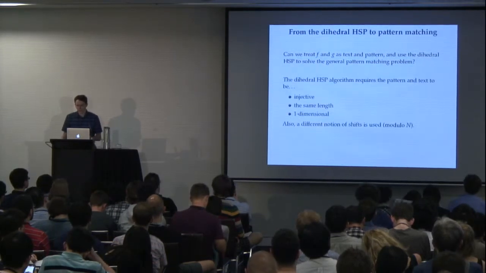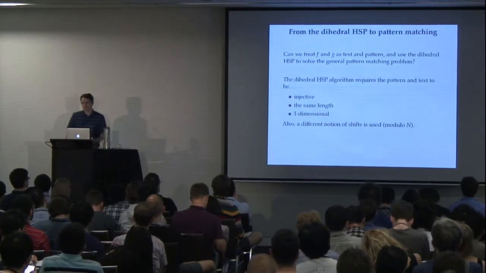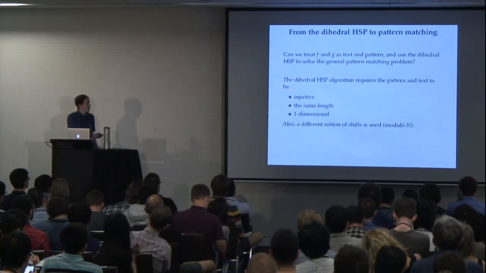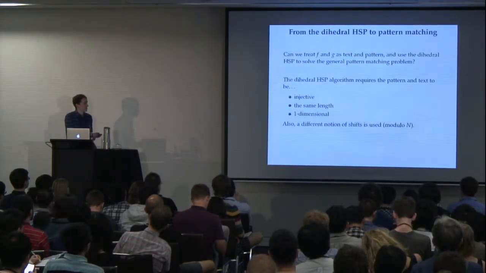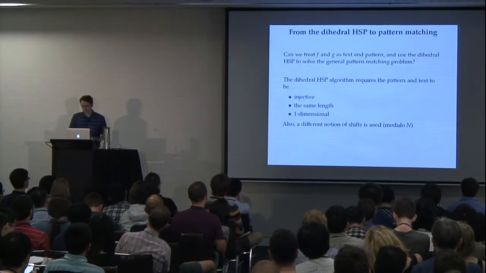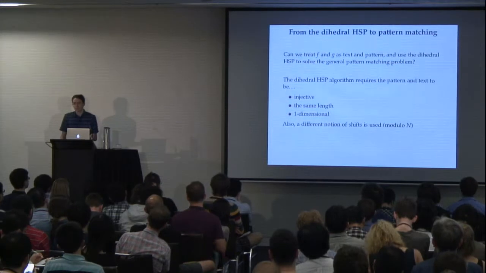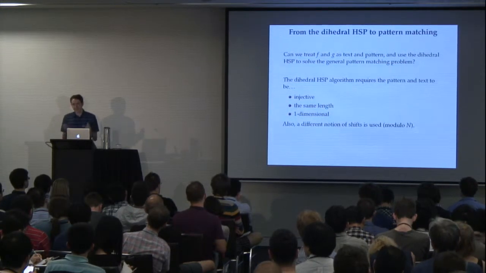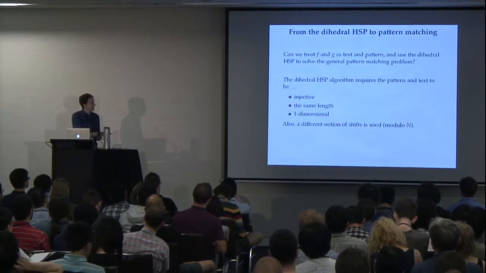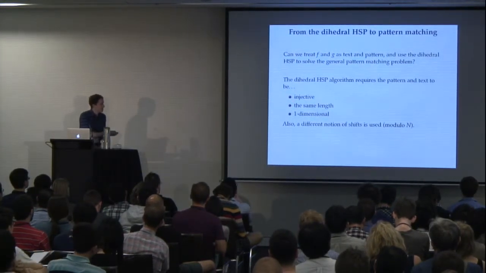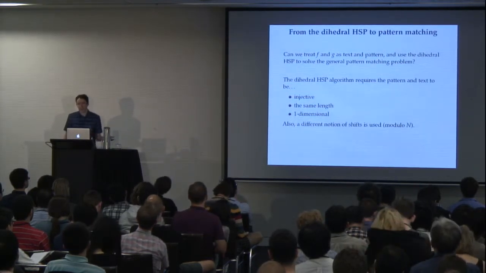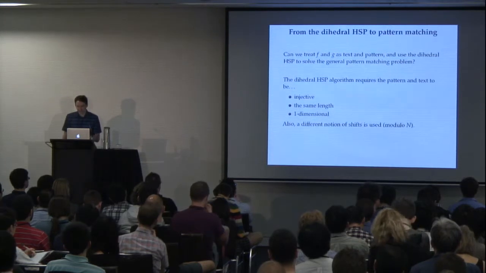But there are some gaps that separate these two problems. In particular, the restrictions on the input for this dihedral hidden subgroup problem algorithm are maybe a little bit restrictive. So firstly, the pattern and the text, these two functions f and g that I just introduced, we insist that they're injective, so there's no duplicate values of the functions. They have to be the same length, and they have to be one-dimensional.